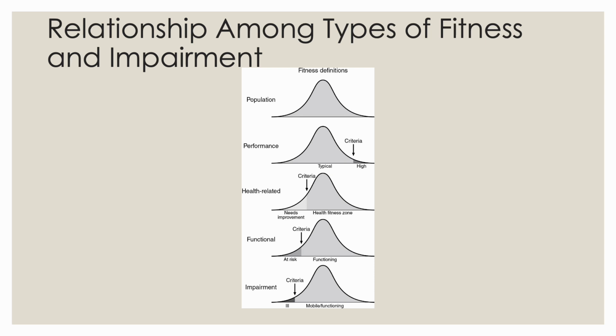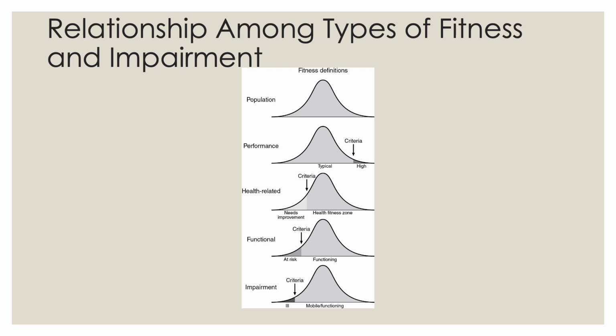This figure here is figure 10.1 from your textbook. This is a graphical representation of the data from the previous table. We can use this data to classify our different populations based on different data. So if we look at the top graph, that's our overall fitness definition compared to the population. If we look at the next one down, our main objective is to look at performance. Our two categories for performance are going to be typical or high.